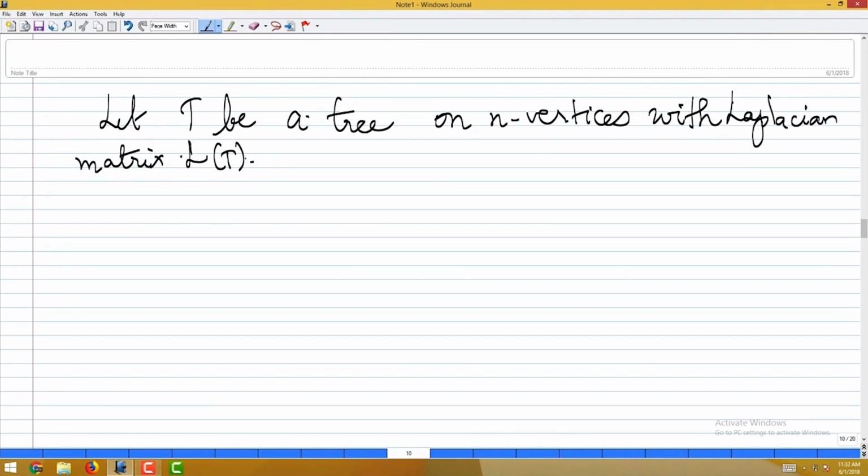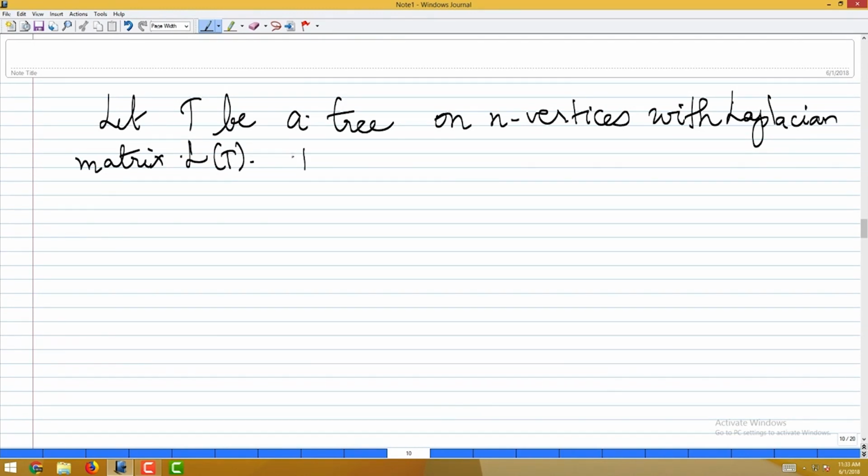So, if I want to look at the eigenvalues of this Laplacian matrix, okay, then one interesting result is that if I have an integer eigenvalue for the Laplacian, then that integer should be a divisor of n. Okay, if there is an integer eigenvalue, then it has to divide n.